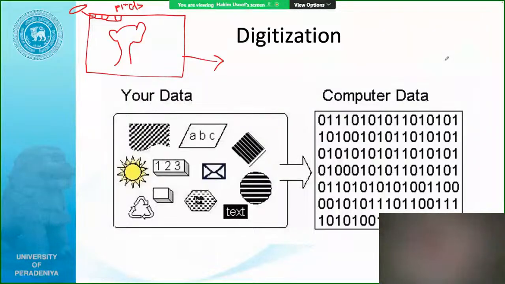This conversion of these, we call them analog data in the real world. All data is analog, right? This data that's there is converted into computer data. This process of converting the normal data into computer data is called digitization, because we digitize, convert it into ones and zeros, whatever we have. So it can be pictures, it can be the temperature, right?